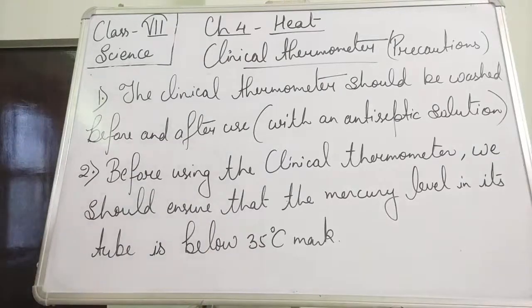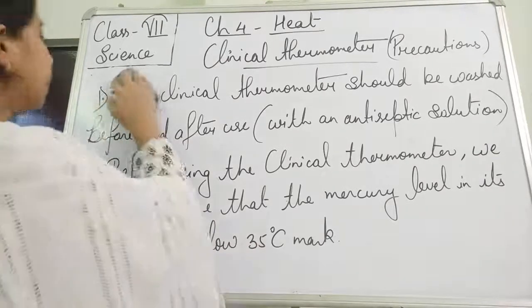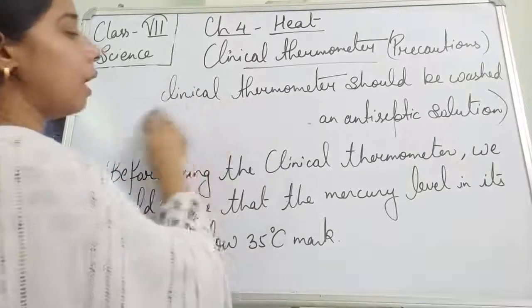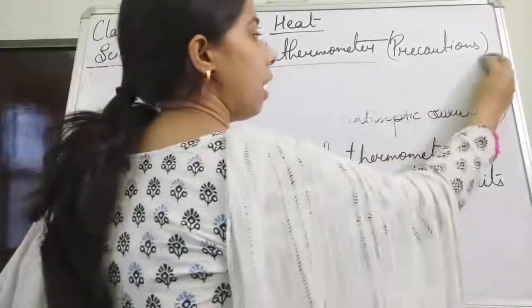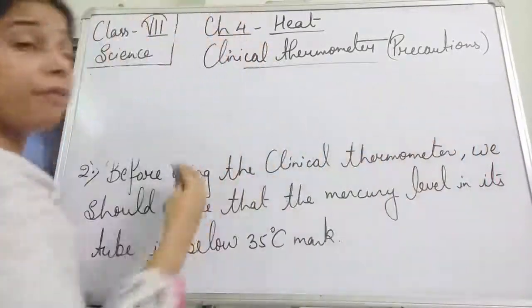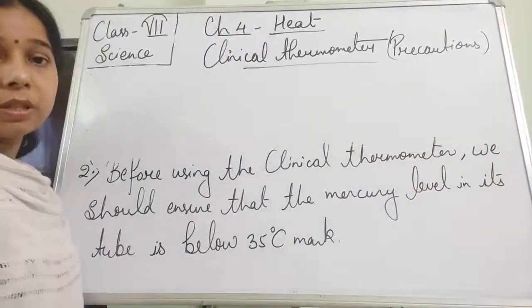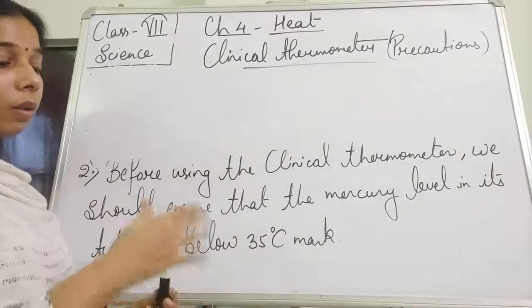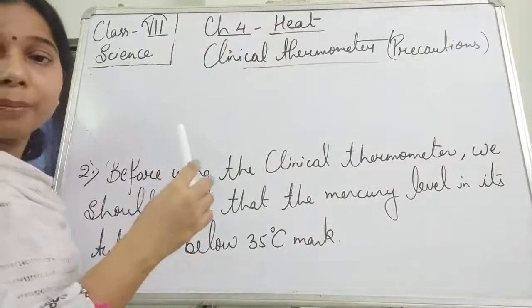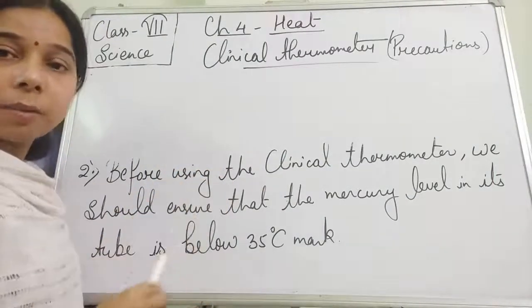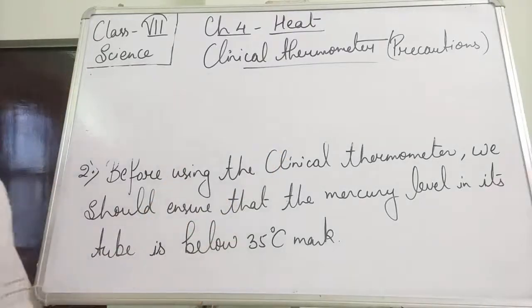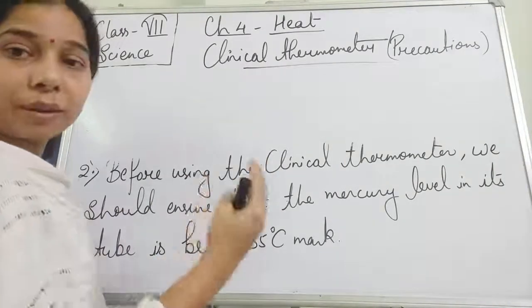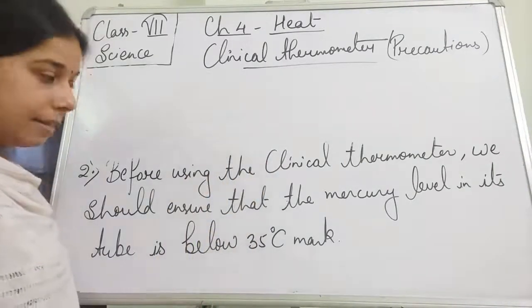Third one, student, read the thermometer by keeping it along the level of our eyesight. Again, like we have seen in the case of the laboratory thermometer, we should keep it along the line of our eyesight. The same thing we will do with the clinical thermometer: while reading it, we should keep the level of the mercury along the line of sight.